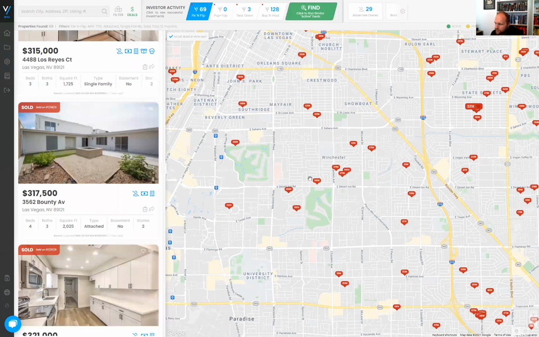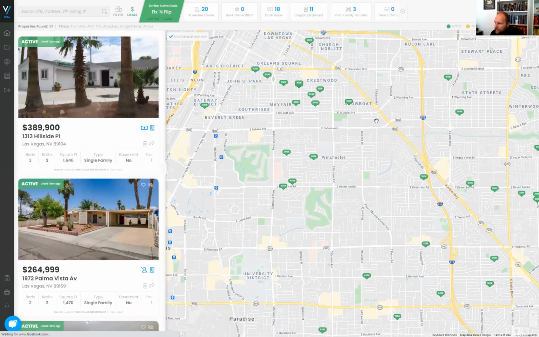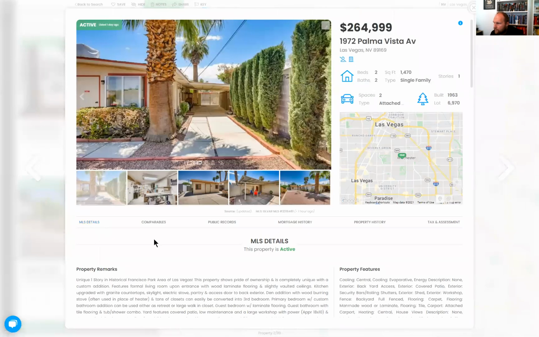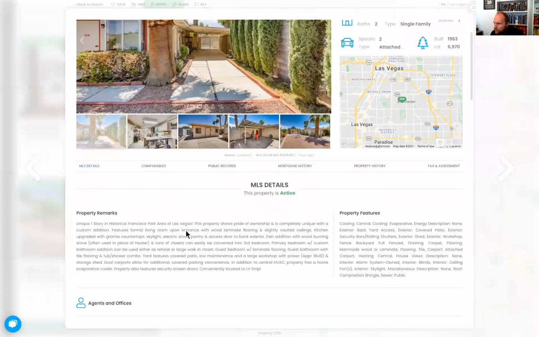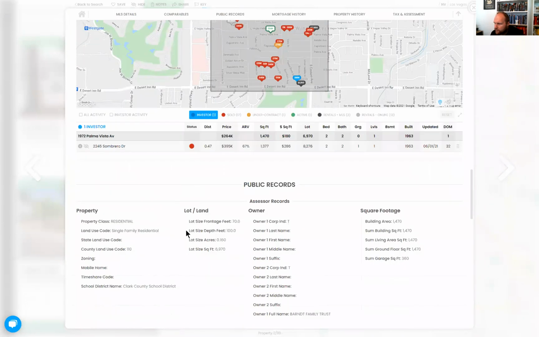But here's what's really cool too, is you can go up to this green button and you could click find. And these are all active properties. So these are all properties on market that may be good candidates for a fix and flip or to make offers on for a wholesale or whatever it is.